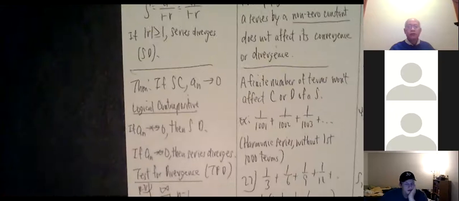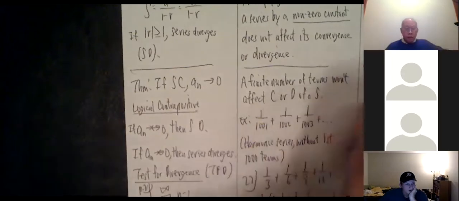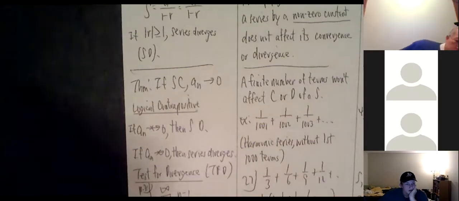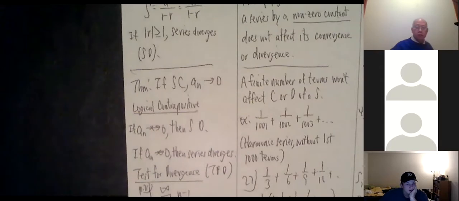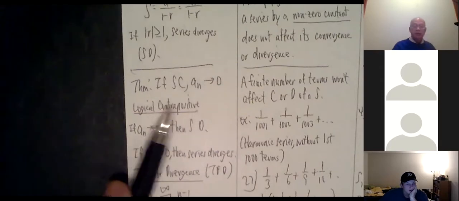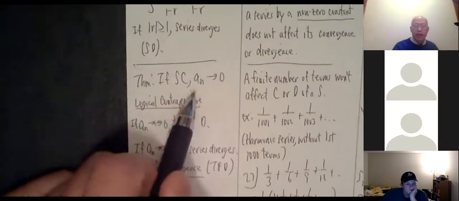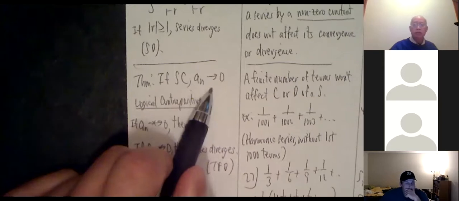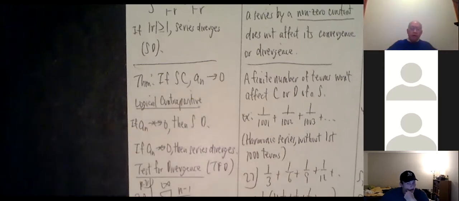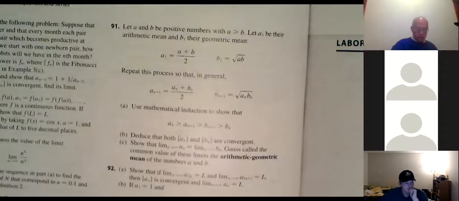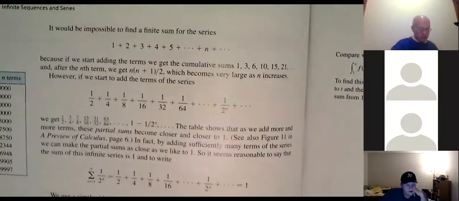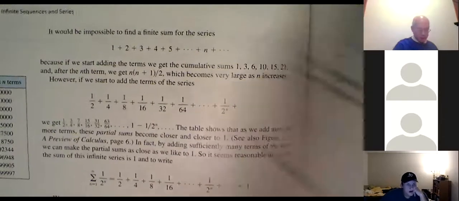Now the book goes over a theorem. Here's my abbreviation. If a series converges, SC, A sub n approaches 0. The individual terms have to approach 0 if a series converges. Let's see where that is in the text.